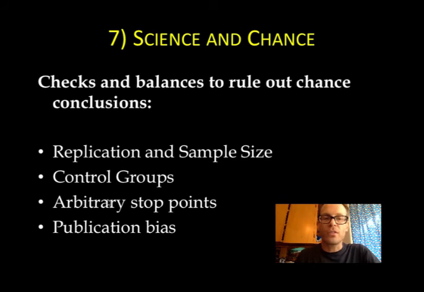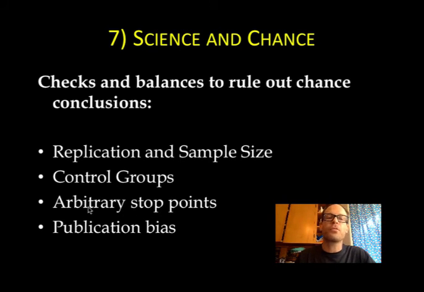I won't talk too much about arbitrary stop points, but they are somewhat interesting. Basically, the idea is this. If I'm testing, say, for a certain psychic phenomena, and I have a string of 16 misses, as an investigator, I may be inclined to say, well, let's stop now and pick up again a little bit later when you get hot.